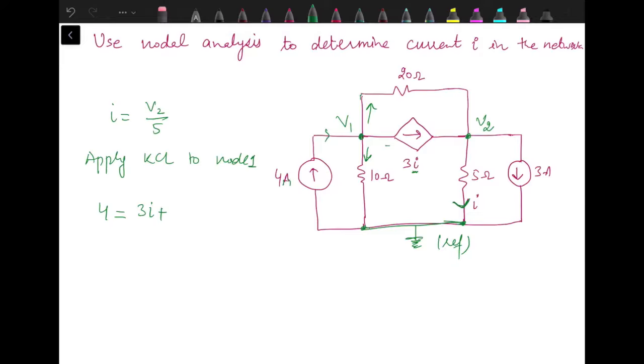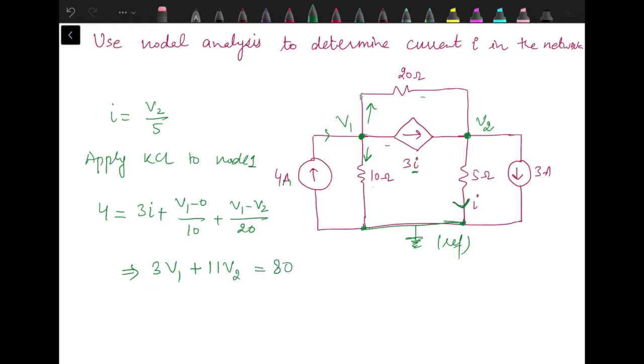Then current through the 10 ohm is the potential difference divided by 10, that is V1 minus 0 by 10, plus current through this 20 ohm resistance, V1 minus V2 by 20. So when we solve this, we get the equation as 3V1 plus 11V2 equal to 80.